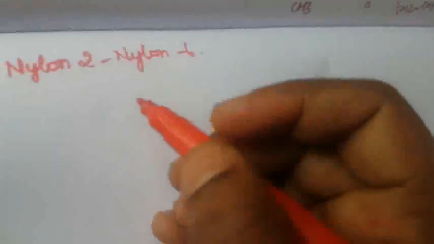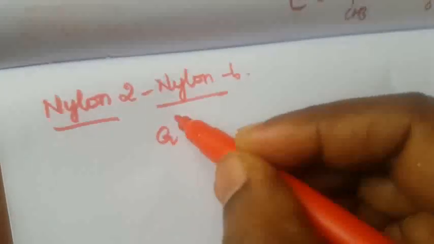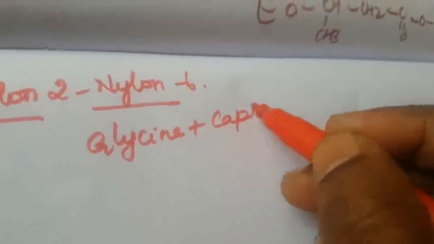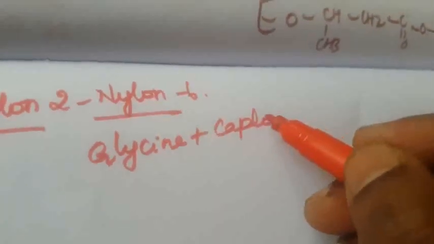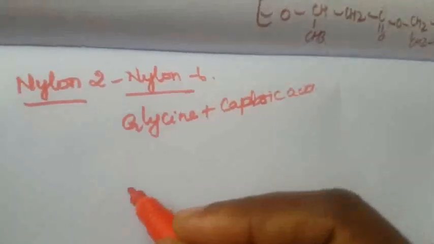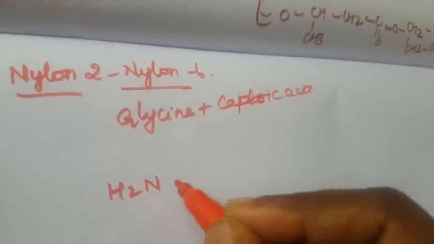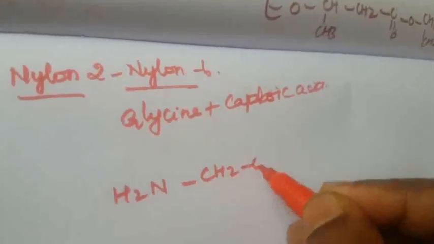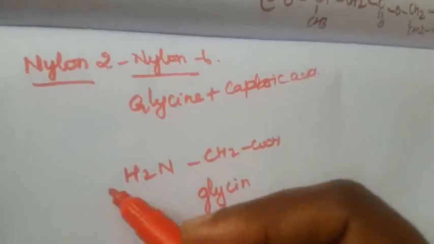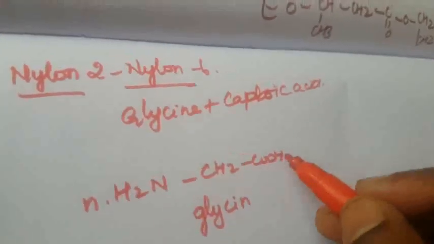What is the formula of glycine? How to prepare it? Glycine is combined with aminocaproic acid. What is the formula of glycine? H2N, CH2COOH. That is the N molecule.